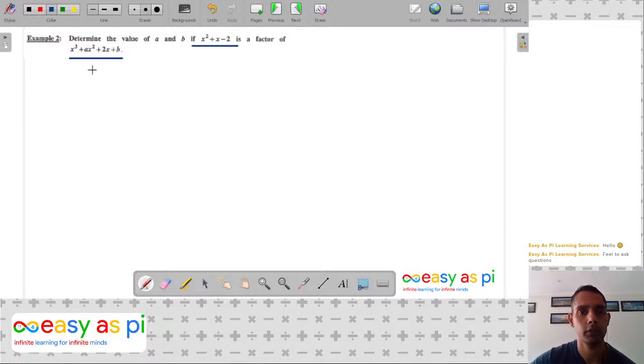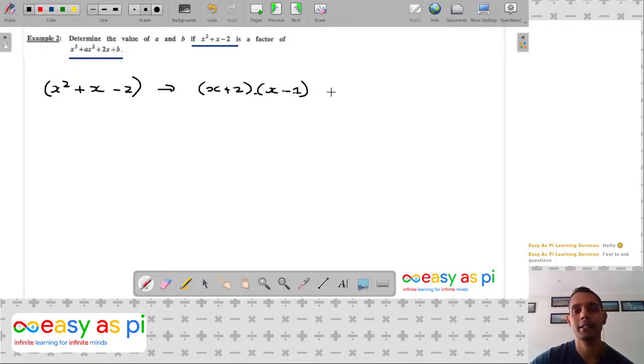Now, in this case, what you're going to do is you're going to say, okay, let's start with x squared plus x minus 2, and let's see if we can factorize it. Well, we can actually, because this can be factorized to be x plus 2 into x minus 1. Now, these are then the factors of this.